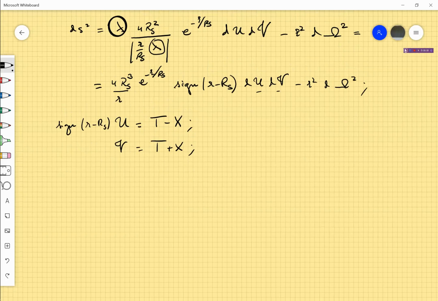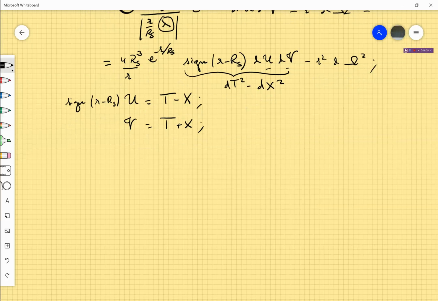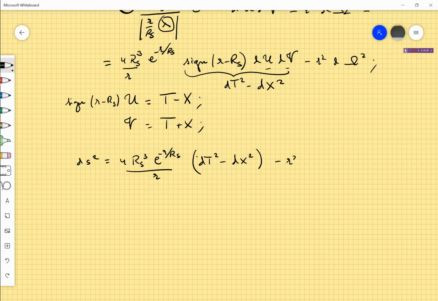And this means that this part here is just dT squared minus dX squared. So finally, in these coordinates, the metric takes this form, with dT squared minus dX squared minus r squared d omega squared.